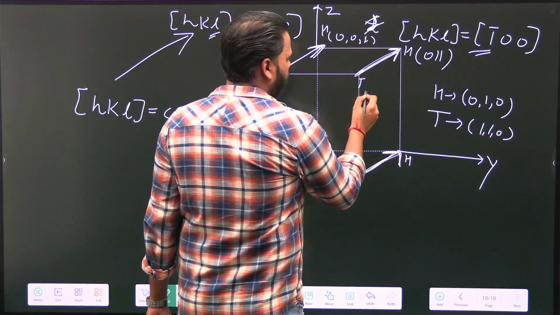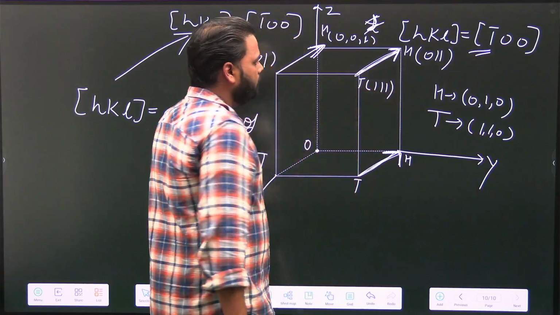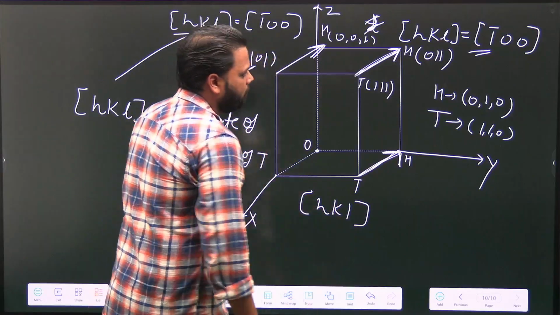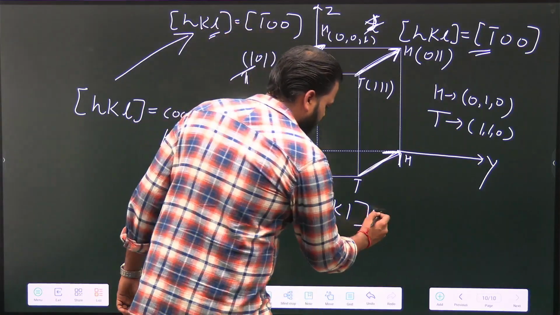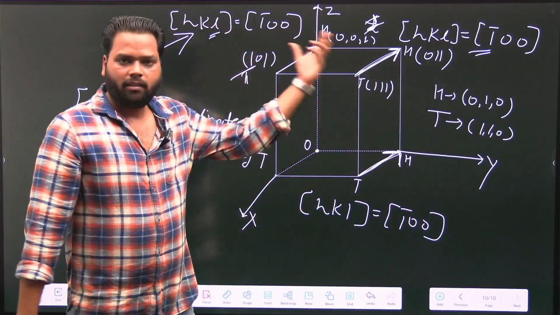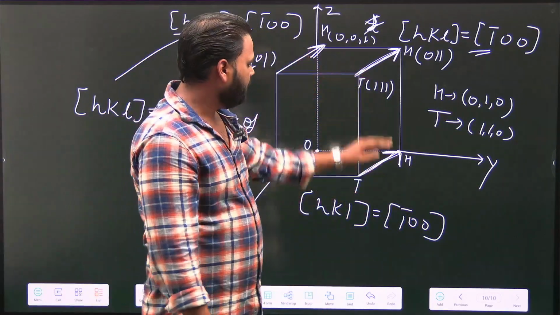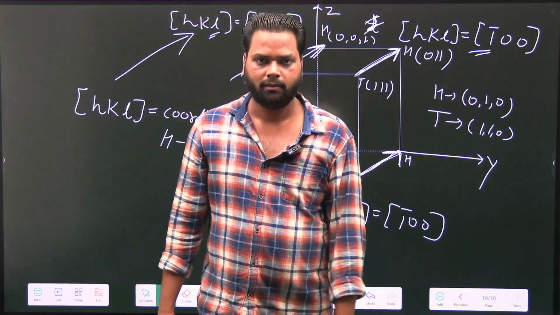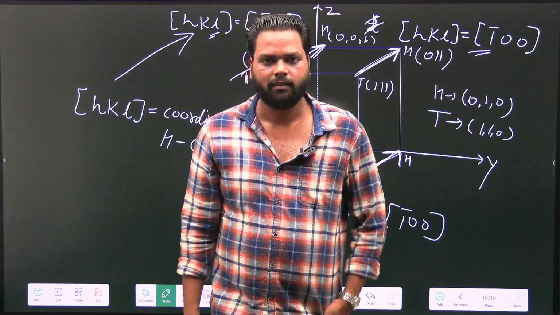Okay, the coordinate of tail will be 1 1 1. What will be the Miller indices? 1 bar 0 0. देख रहे हो ना आप, तीनों के मिलर इंडिसेस सेम है. क्यों सेम है? Because all three are parallel to each other. ओके, क्लियर है?